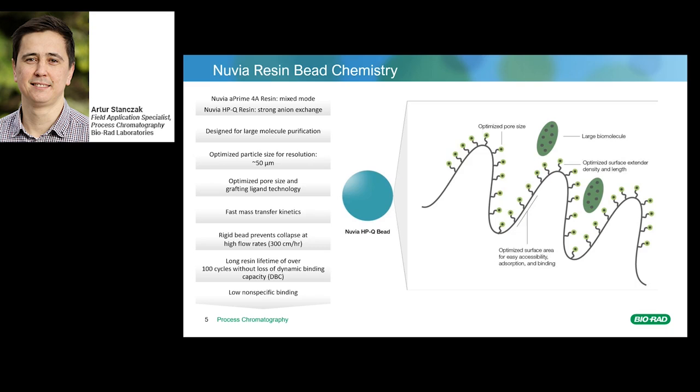They are made of a very hydrophilic polymer, which reduces non-specific binding of impurities and frees up some binding sites to achieve high DBC. Pore size up to half a micrometer, together with 50 micrometer bead size and a narrow size distribution range, are optimal for fast mass transfer kinetics. Even high flow rates won't impact the DBC dramatically because of the rigid polymer structure.